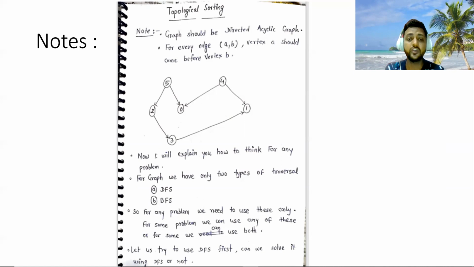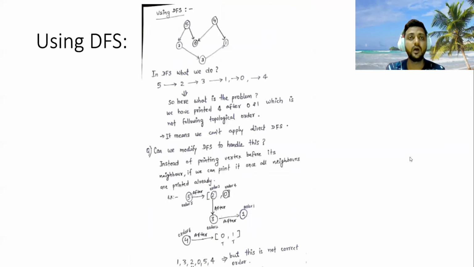Now, let us try to use DFS first. We don't know which one will work. In DFS, we will pick one node which is not visited yet. Let's say we start from 5. You will go to any one child of 5. Let's say we go to 2. From 2, you go to its child 3.